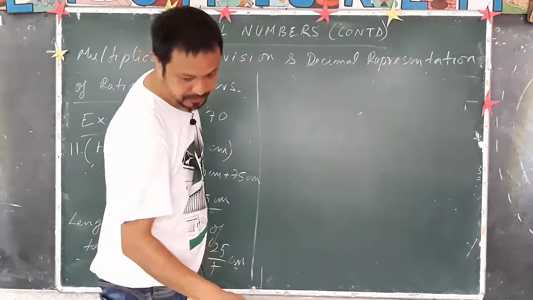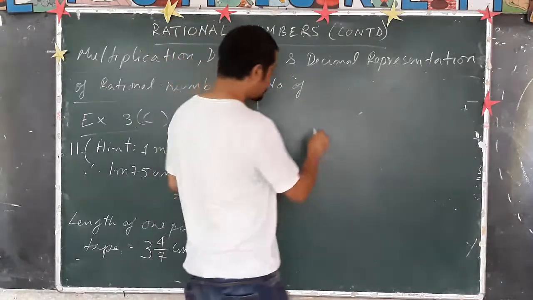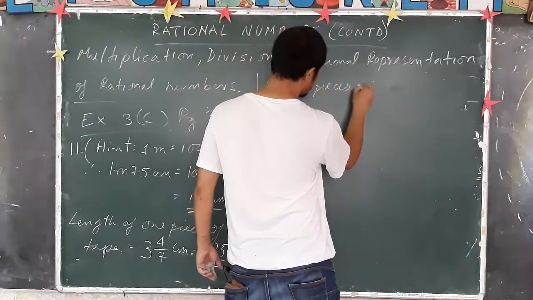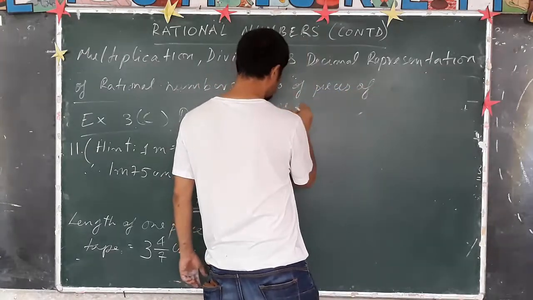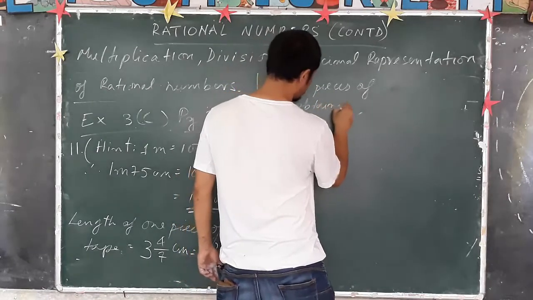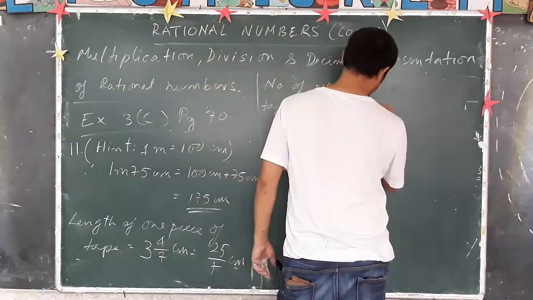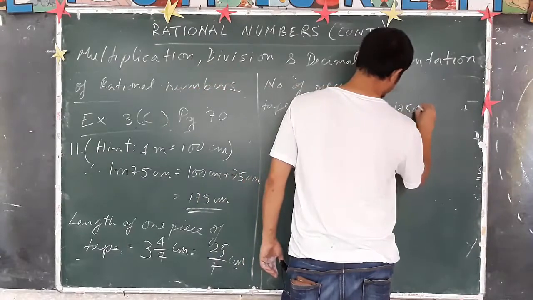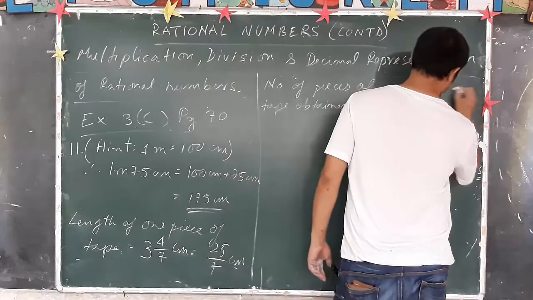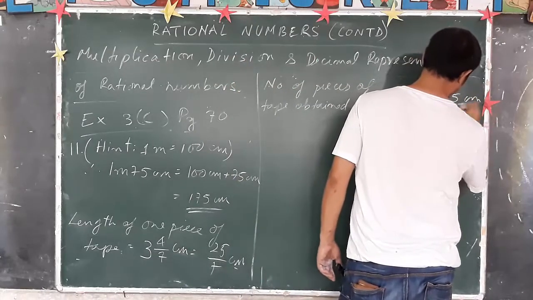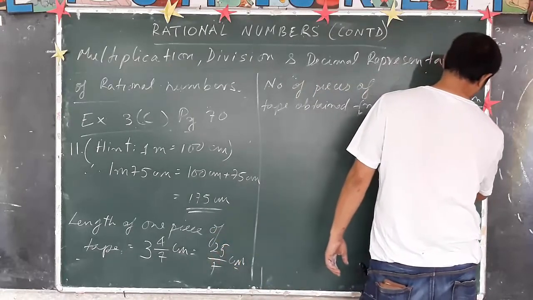Okay, now number of pieces of tape obtained from 175 centimeters is equal to 175 centimeters, that is the whole length of the tape, divided by each piece of the tape, that means 25 by 7 centimeters.